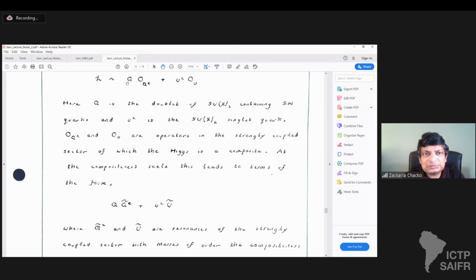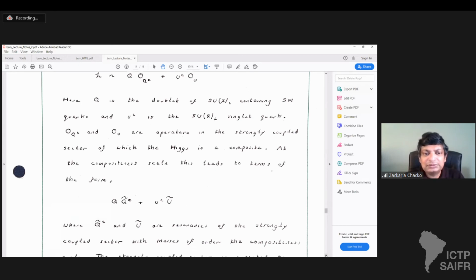So this term becomes a mass term for Q with a resonance of the strong dynamics, and this term becomes a mass term for UC with a resonance of the strong dynamics. So this thing has the quantum numbers of a resonance like this, and this thing has the quantum numbers of a resonance like this. Once you reach the composite scale, you're going to get mass terms like this.